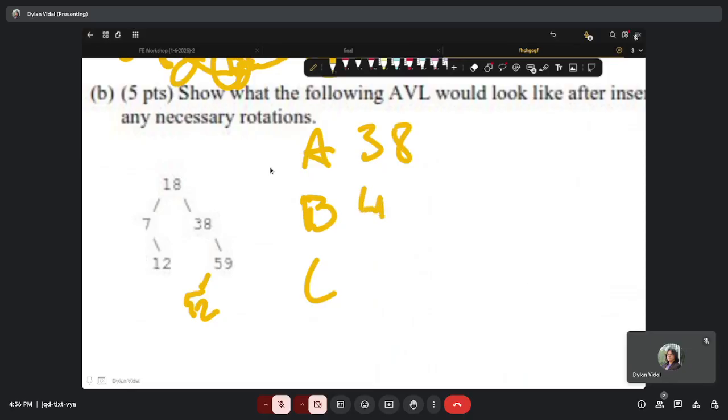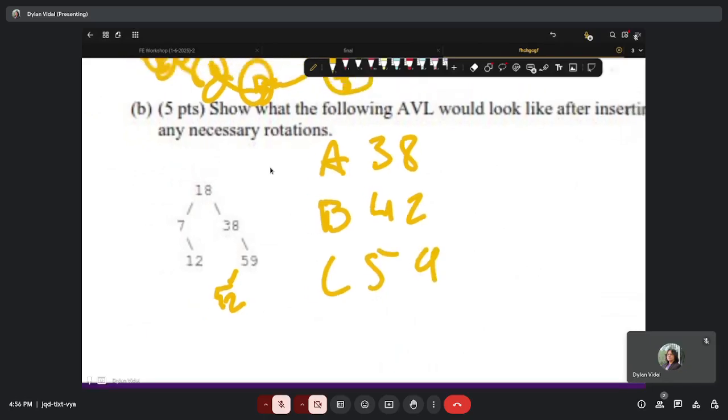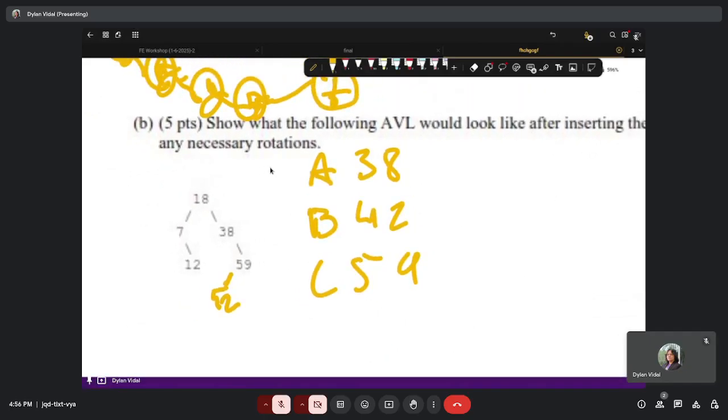It's going to B. 59 is the largest. It goes to C. And that's going to end up being, we remember how that looks, A, B, C, right? So that's going to be 38, 42, 59. And then we reattach that to where the first parent used to be.